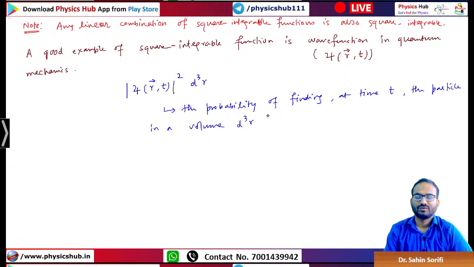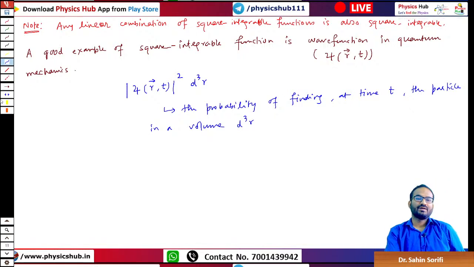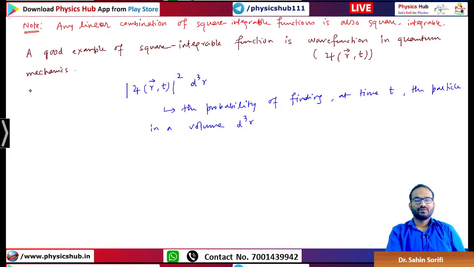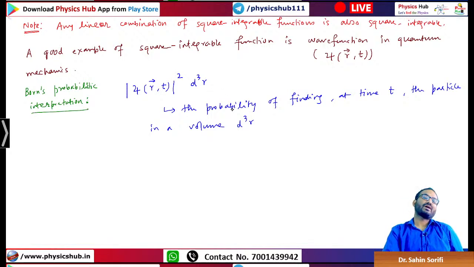This convention was given by Born. We can say that psi of r, t mod square d cube r represents the probability of finding the particle at time t in a volume d cube r. It is given by the scientist Born, so it's Born's probabilistic interpretation.